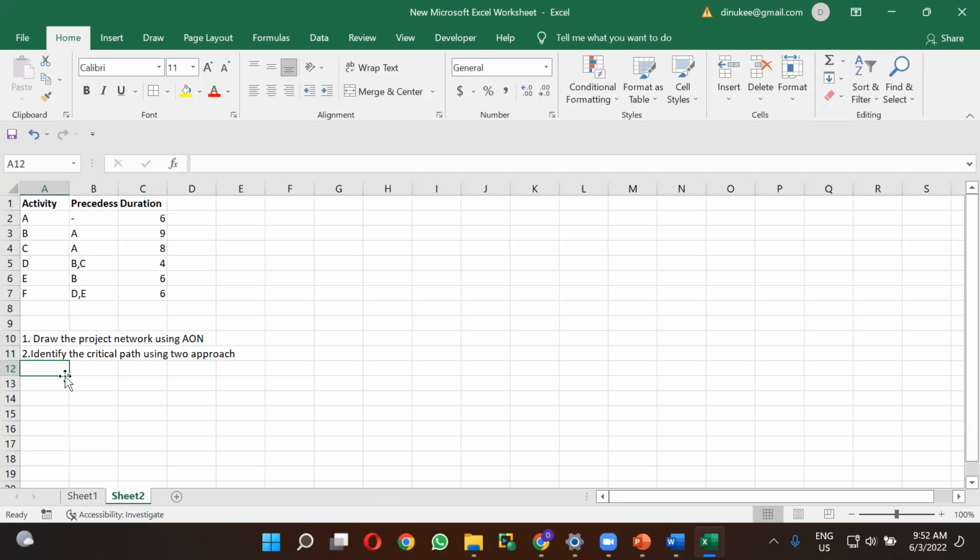And then complete the table. Completing the table means you have to fill early start, early finish, late start, late finish, and slack.